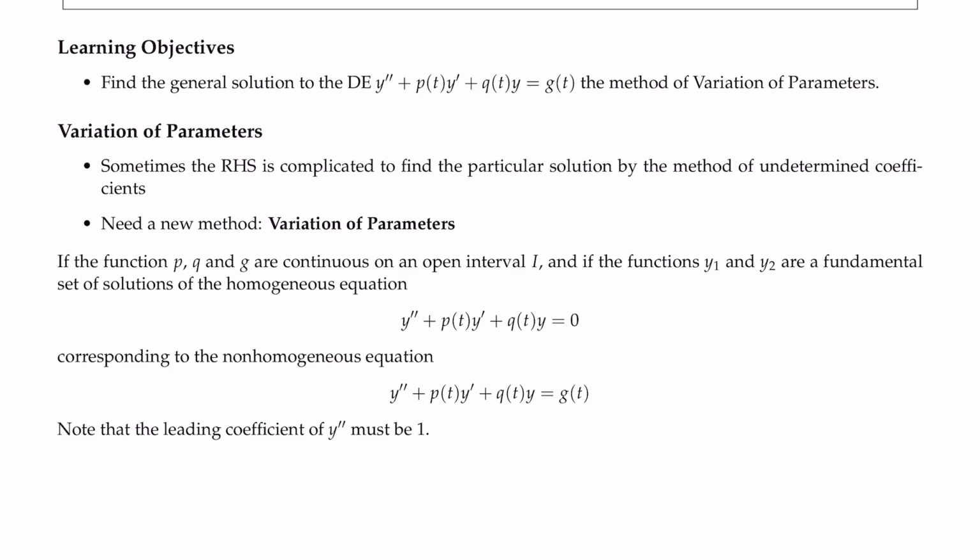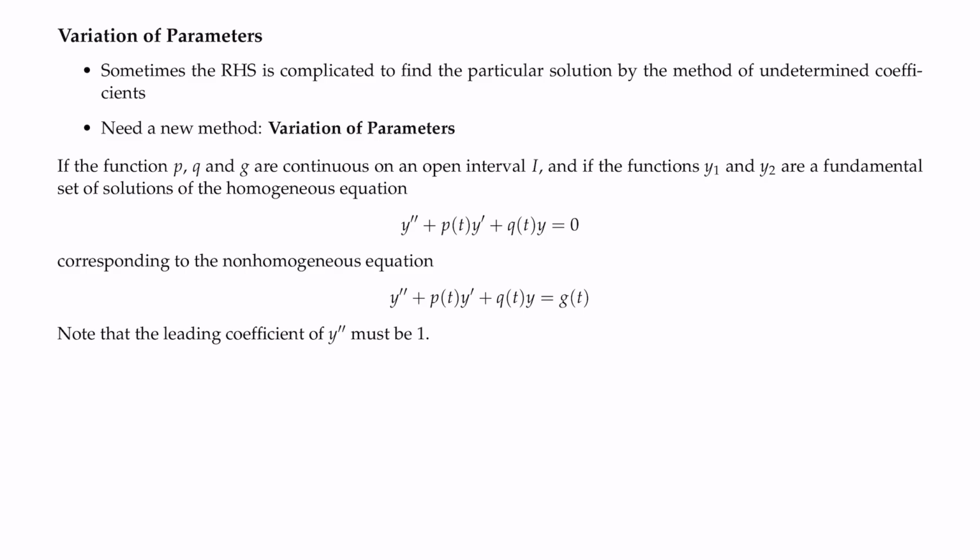For undetermined coefficients, we make sure that we know the homogeneous solutions so that we avoid linear dependencies of the particular solutions on the homogeneous solutions. But for variation of parameters, we do need the solutions y1 and y2 because the particular solution form does depend on y1 and y2. You will see in a minute.